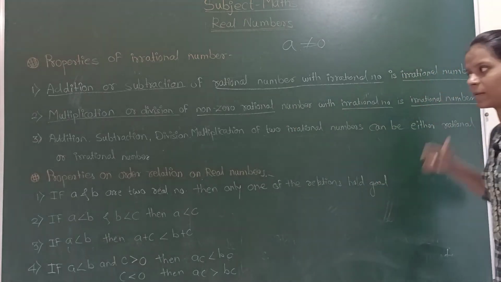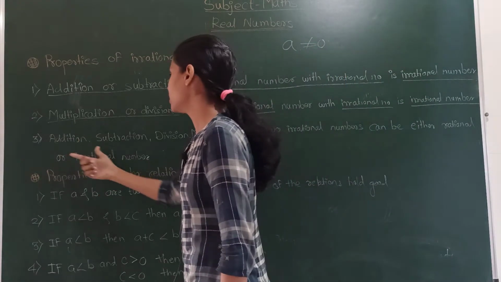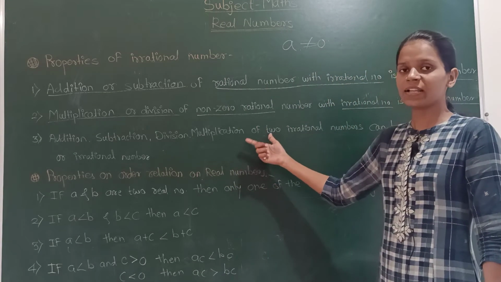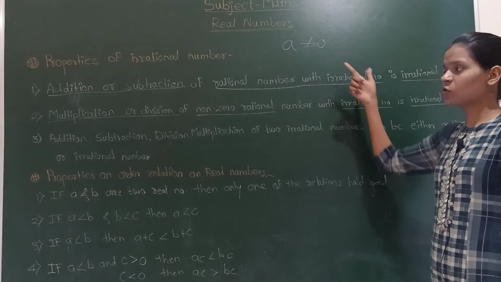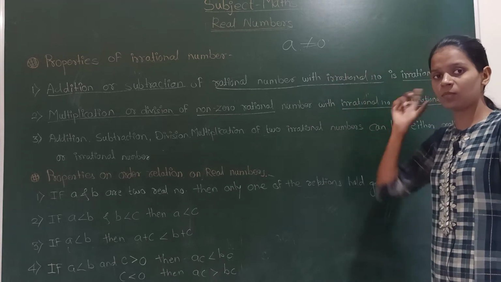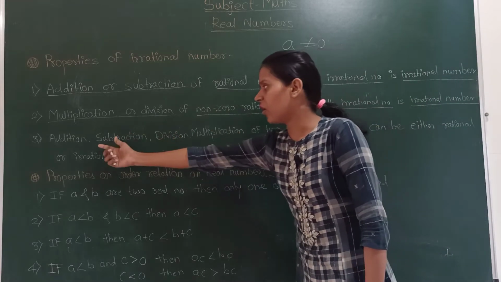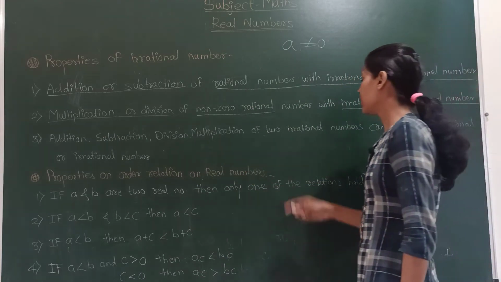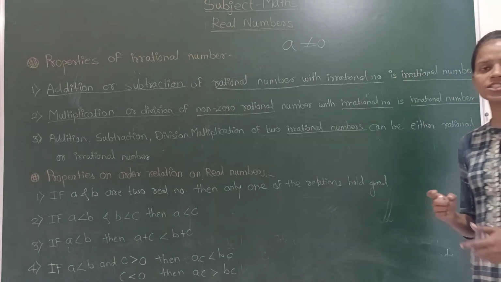And see, the third property of irrational number: addition, subtraction, division and multiplication. These four are the mathematical operations on two irrational numbers. In the first two properties, we have seen the operations for rational and irrational numbers both, and here we are seeing that the result of addition, subtraction, division or multiplication of two irrational numbers can be either rational or irrational number.